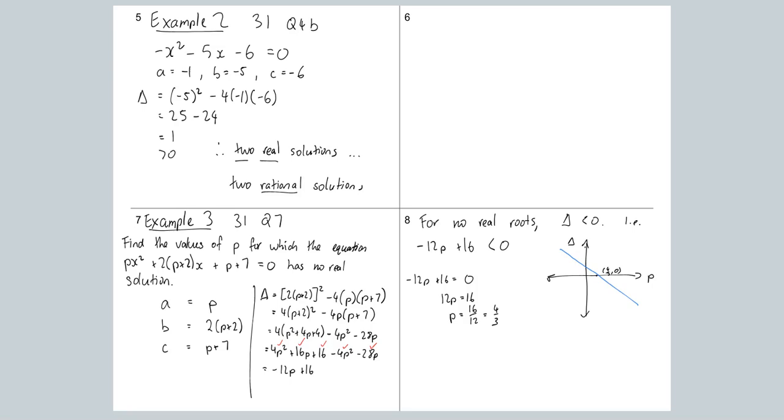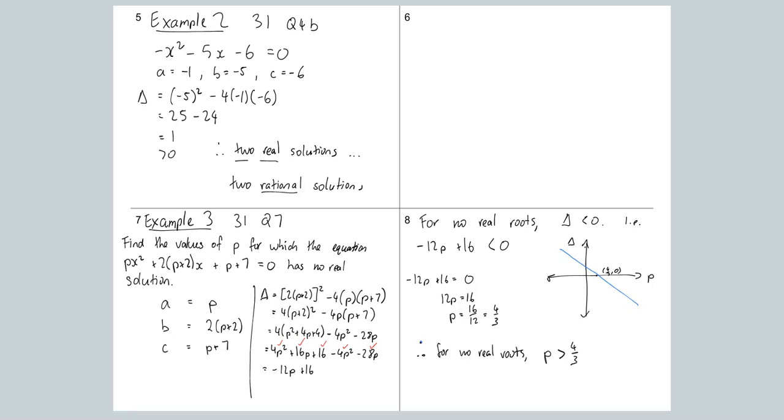So for no real roots, I need to say that p can be anything along here. So I can conclude, therefore, for no real roots, p is greater than 4/3. See? So by drawing the graph, you can't go too wrong.